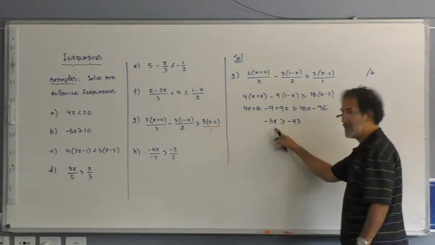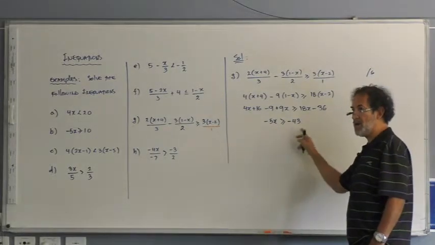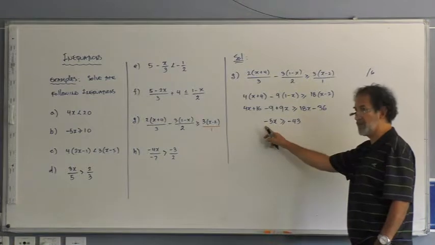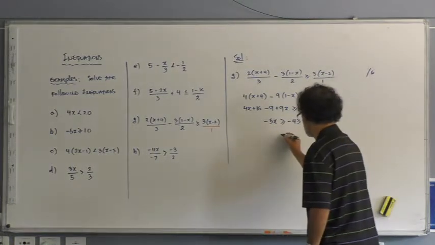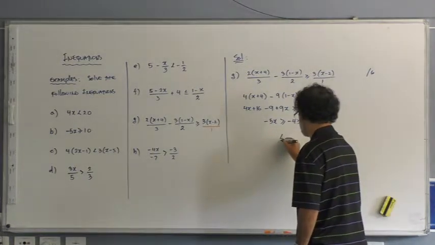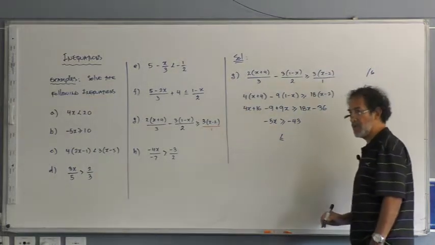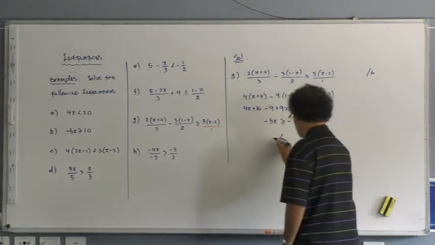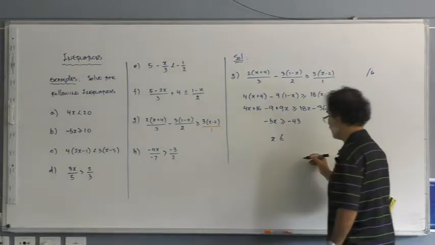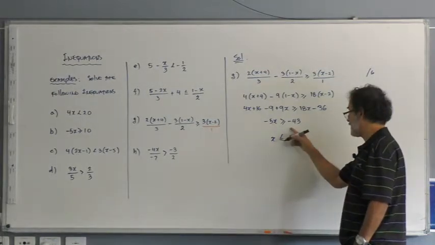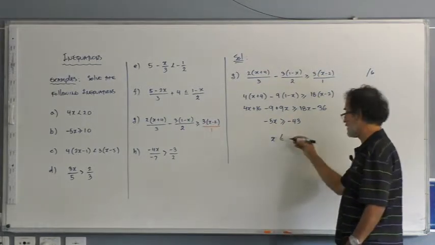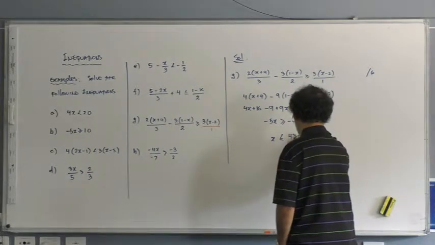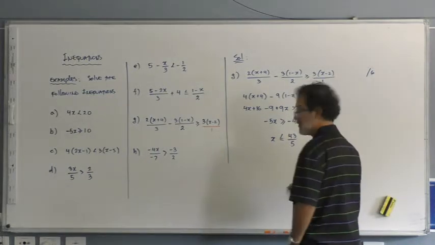All right, and then we are about to divide by negative 5, so we need to switch this around. And then we're going to say that x has to be less than or equal to negative 43 divided by negative 5. So it's going to be 43 over 5.